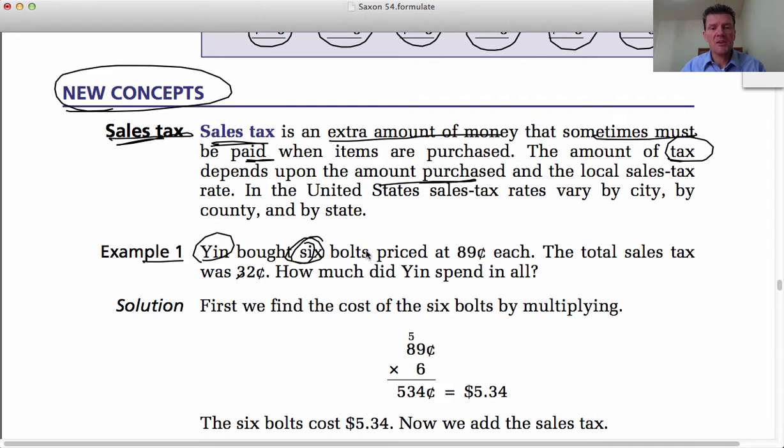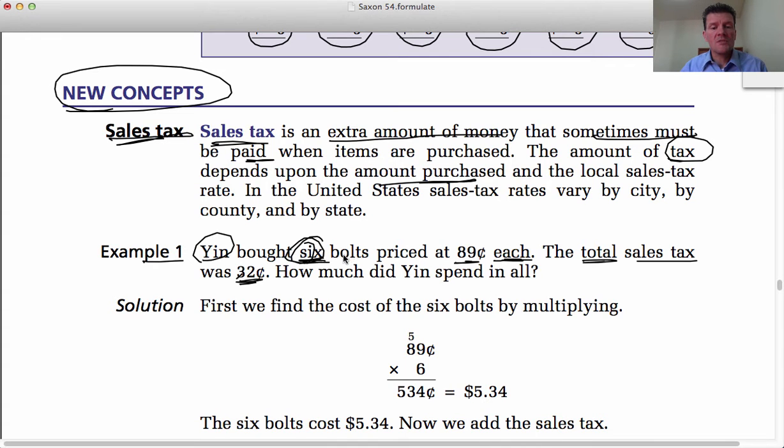You notice I'm marking things as I go through here, highlighting some things that I noticed right away that are important. 6 bolts priced at 89 cents each. That's important, each. The total sales tax was 32 cents. So how much did Yin spend in all?